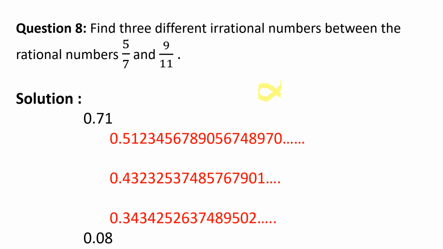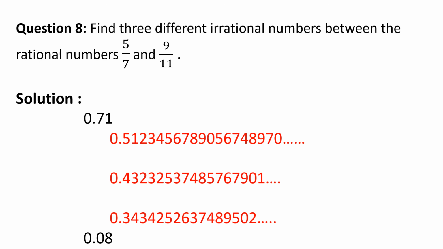There are infinite irrational and rational numbers between any two given numbers. You have to keep that in mind. So I found three irrational numbers between 5 by 7, which is 0.71, and 9 by 11, which is 0.08.